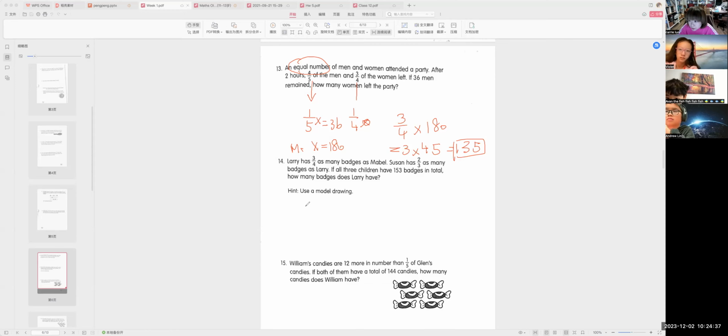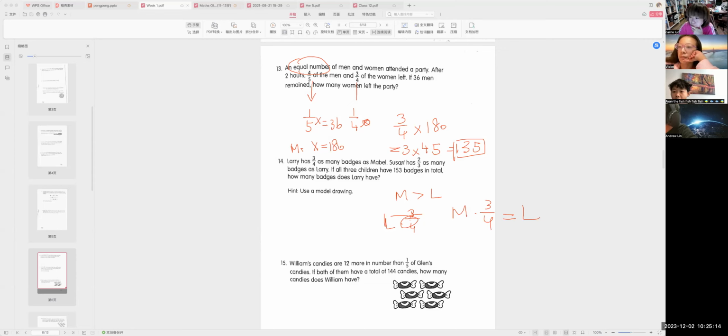Okay, understand everybody? Violet? Okay, so Larry has 3/4 as many badges as Mabel. So that means who has more badges, Larry or Mabel? Mabel has more than Larry, right? Because Larry only has 3/4 of Mabel's badges. So Mabel times 3/4 equals Larry.